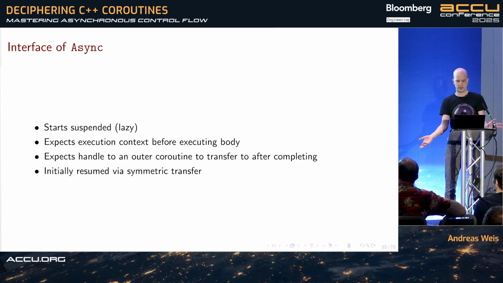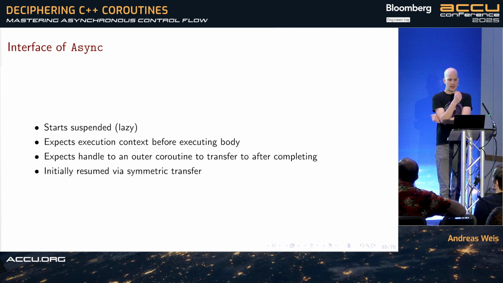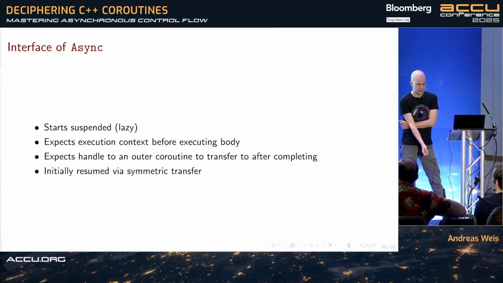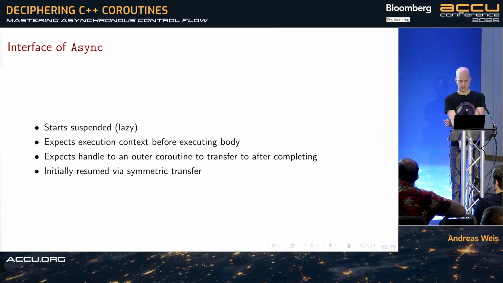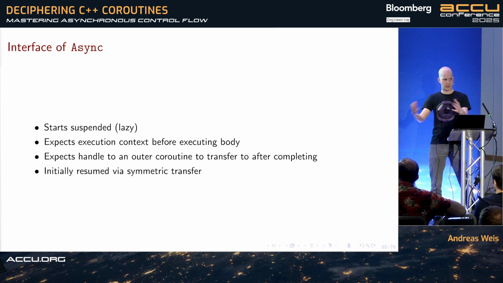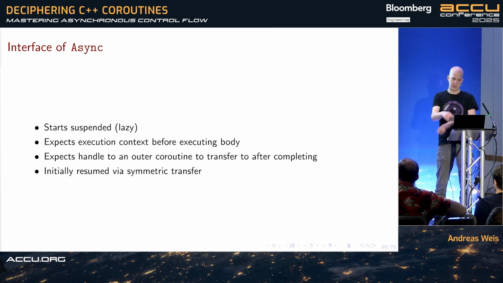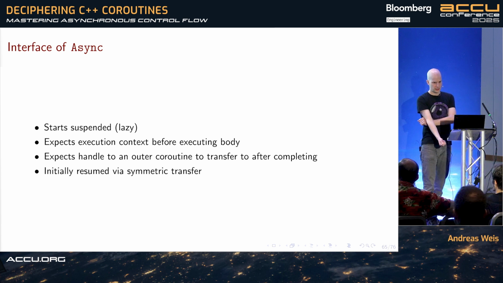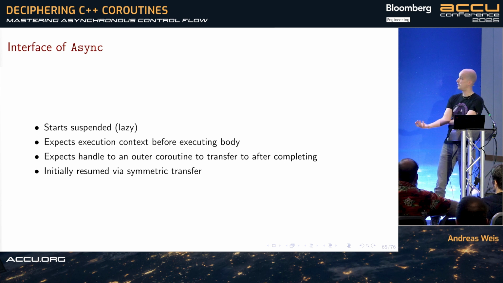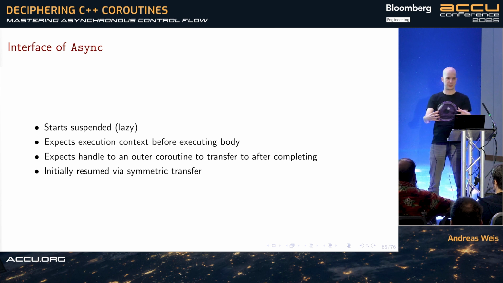Just calling the function does almost nothing. It expects the execution context to be set before executing the body, which happened as part of the outer function co-await in the nested case. And then it expects the handle to an outer coroutine to transfer to after completing. That's the minimum amount of context that I need to set.